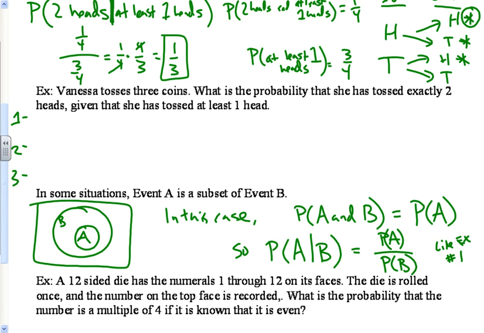On her first toss, she can have heads or tails. On her second toss, again, she can have heads or tails. And on her third toss, again, heads or tails.